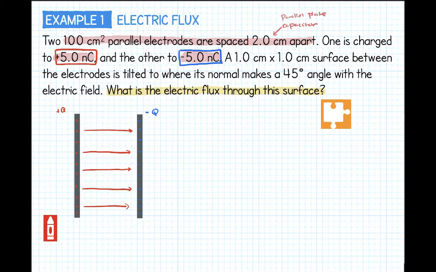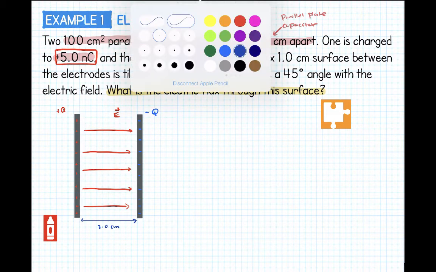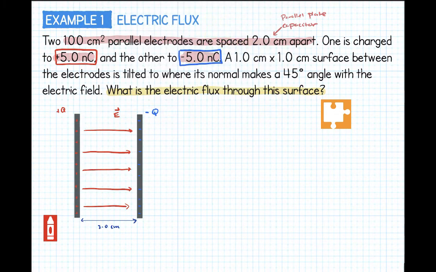So that's our electric field. And then we're given that the spacing between these plates is going to be 2 centimeters. We also know that we have this object, this sort of square in between these two plates, that is at an angle of 45 degrees to the electric field.